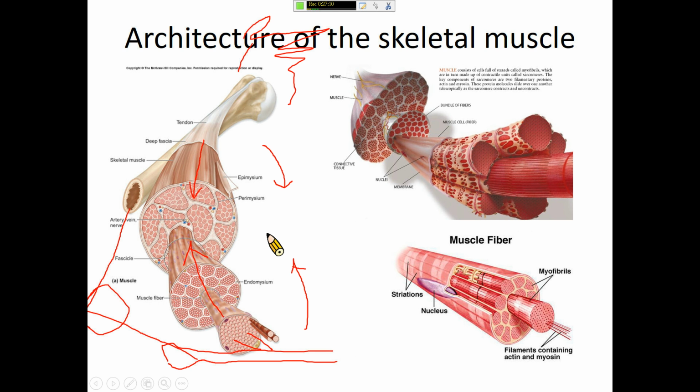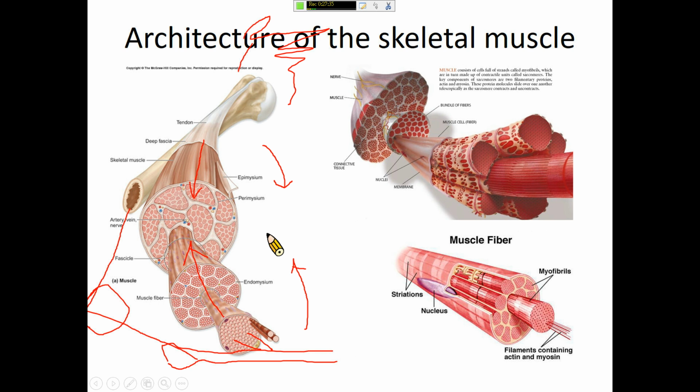Another case is that it is also possible that both ends are fixed. There's no movement while you are still giving force. So it's like this. There's no movement at all, but my muscles are still working.